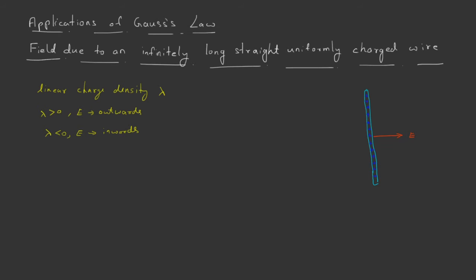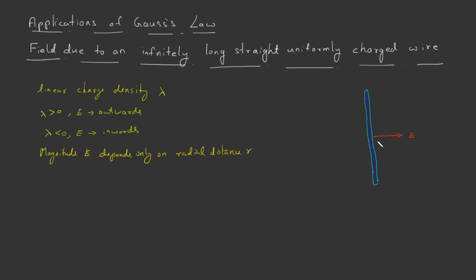We know the electric field is everywhere radial in the plane cutting the wire normally, and we know magnitude of E depends only on radial distance r.